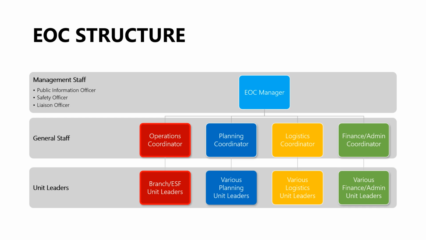Remember that this is a NIMS and ICS concept, therefore it's mirrored at every level of the response from local to the state. The positions are dependent on the response level. Not all positions will be staffed in an event. The EOC structure is expandable and flexible and will work off of the principle of activating only what we need.